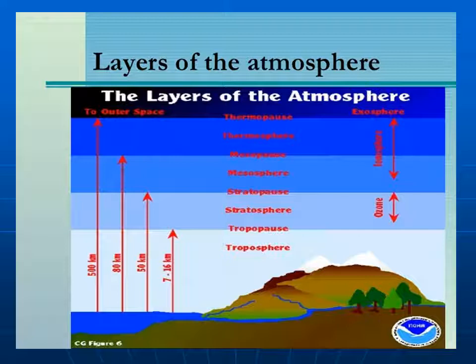And beyond that is the outer space. The atmosphere mainly extends up to the stratosphere, and the ozone layer there forms a blanket around the Earth's atmosphere.